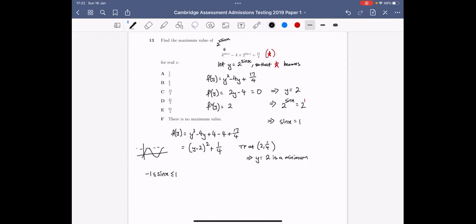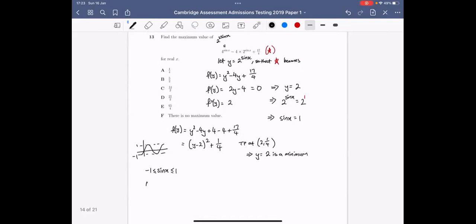Here's 1, here's -1. But the max of sine is 1.